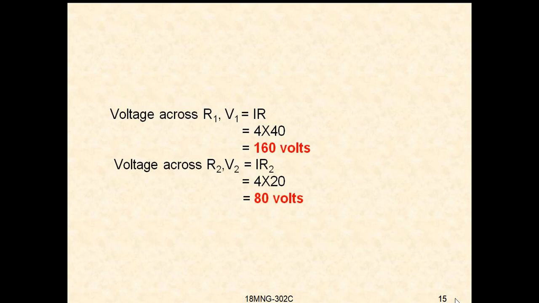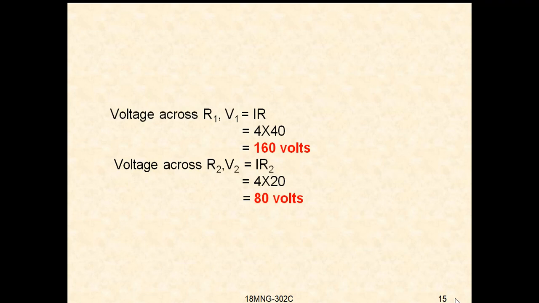And in order to find the voltage across resistor R1, we know that according to Ohm's law, V1 is equal to I into R1. On substituting the values, we get 4 into 40 is equal to 160 volts.